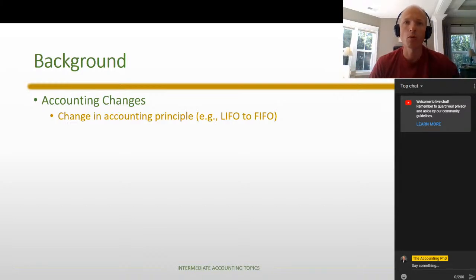As an example, when you do inventory, you can account for inventory using the LIFO method or the FIFO method. Either one's acceptable, and companies are permitted to change between the two. But if you change between the two, that's going to change the way that you report your inventory account balance and the way that you report net income. And so that is an accounting change.